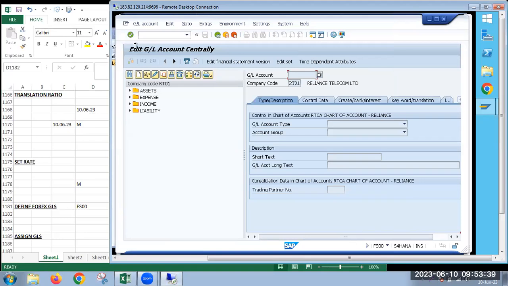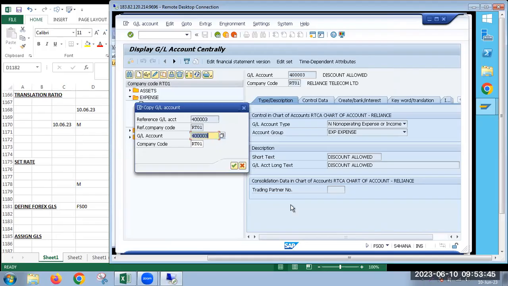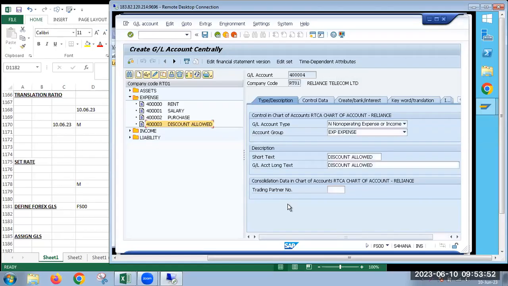Expense. So in expense, maybe we can copy this. We can make it as forex. Okay, my account is there. Forex loss account.